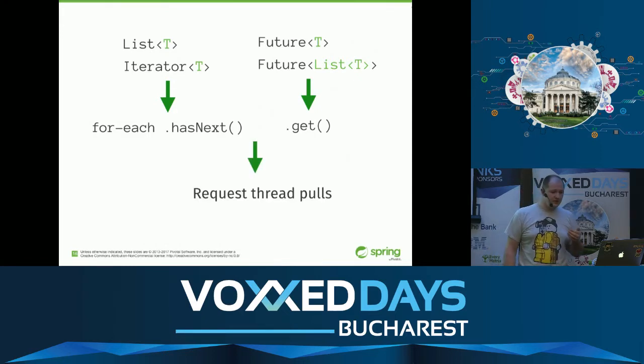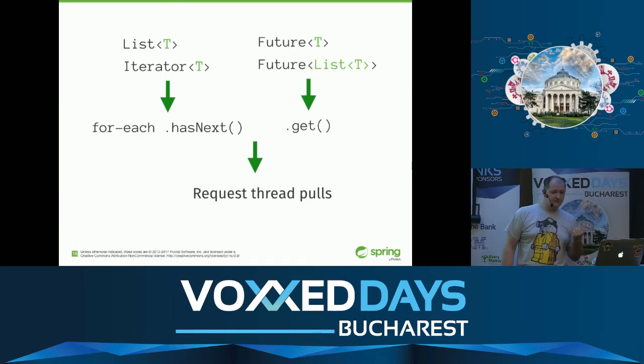So this way of data access is pull-based access. The requesting thread pulls on the data structure. And that's tightly coupled to the assumptions we make about resource usage, because we know we own the thread, so we can pull on the data structure.